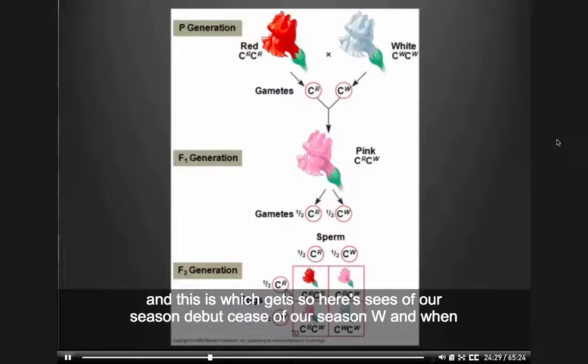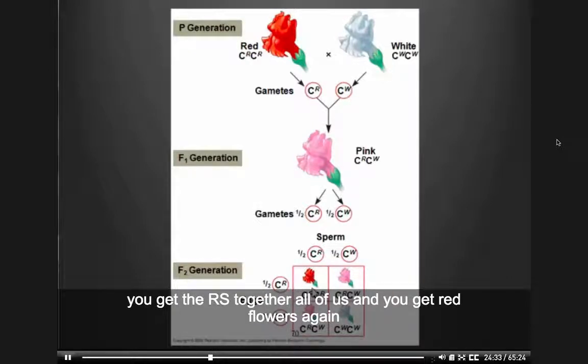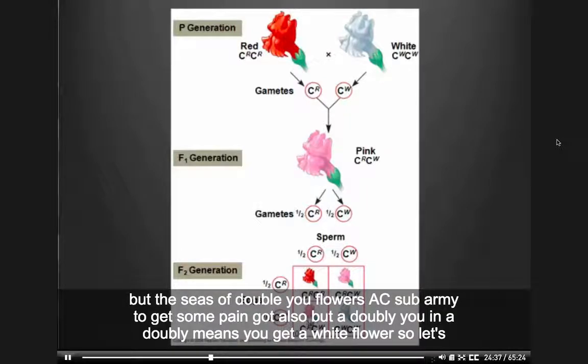So here's C sub R, C sub W, C sub R, C sub W. And when you get the R's together, all of a sudden you get red flowers again. But a C sub W and a C sub R means you get some pink also, but a W and a W means you get a white flower.